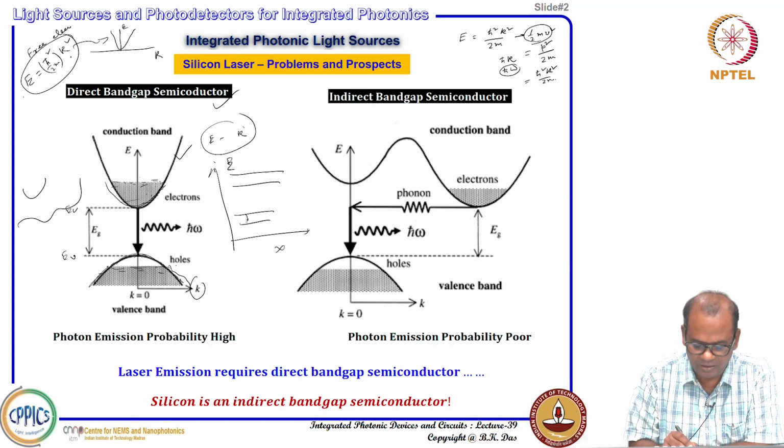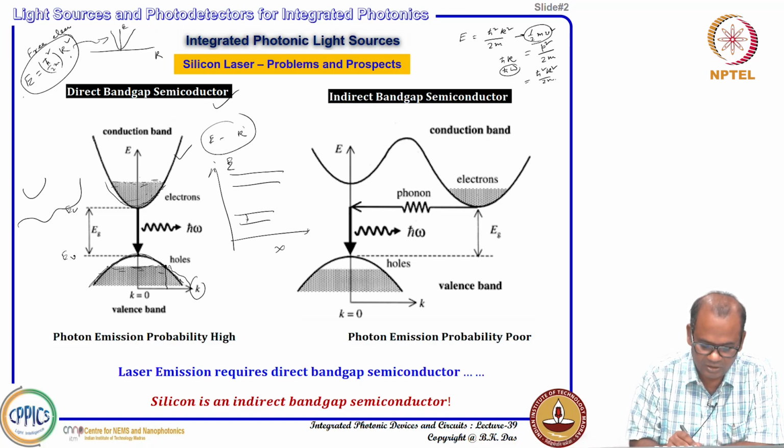If you consider one electron sitting here, it will have a certain k value and this is its energy. As you go to higher and lower energy, some of the energy levels are not occupied, because those electrons have gone to the conduction band, and that is why they are empty. These are called holes.